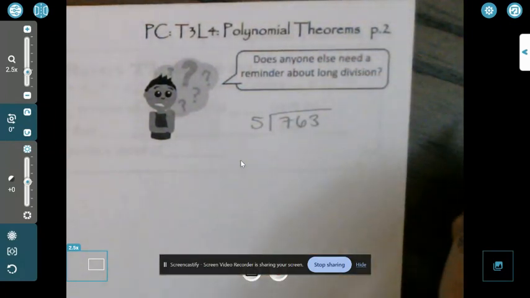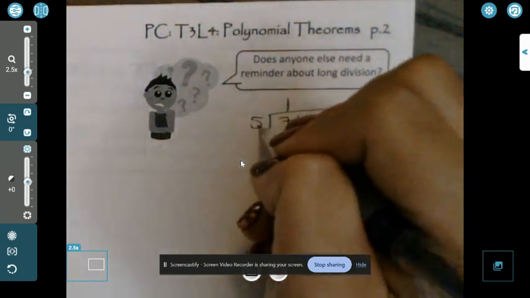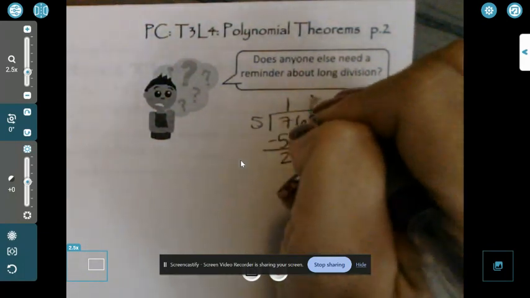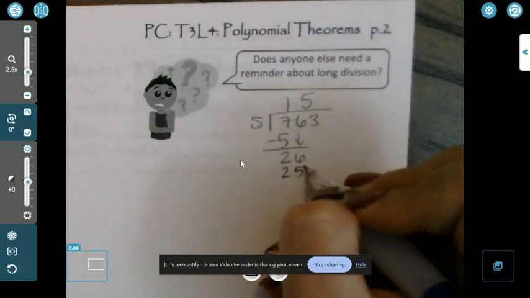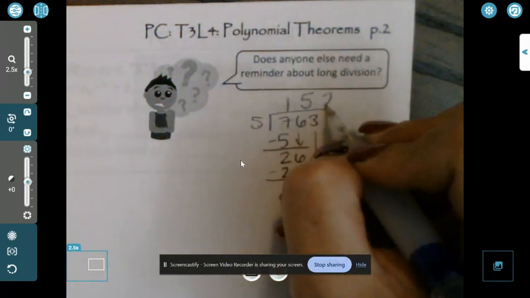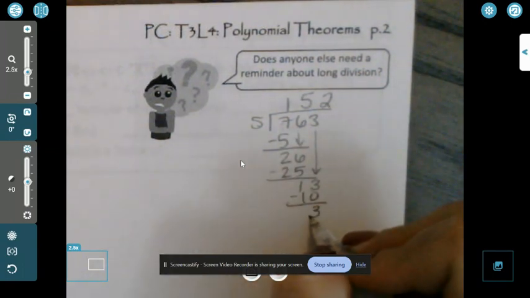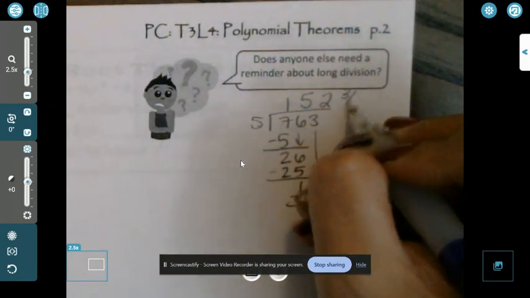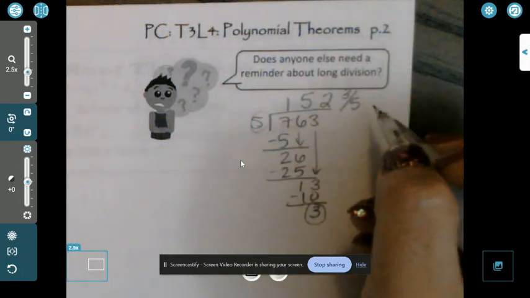We see how many times 5 goes into 7, and it was 1. 1 times 5 is 5, and we subtract. Bring down my 6. 5 goes into 26 5 times. 5 times 5 is 25, and we subtract. Bring down my 3. 5 goes into 13 2 times. 5 times 2 is 10. Subtract, and we have 3. So that would be our numerator, this would be our denominator, and the answer was 152 and 3/5.